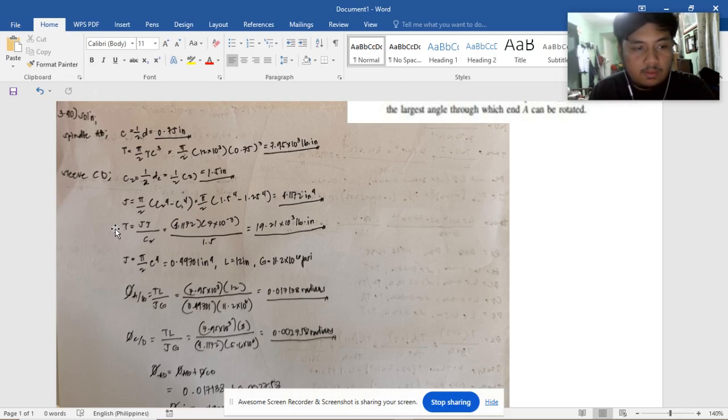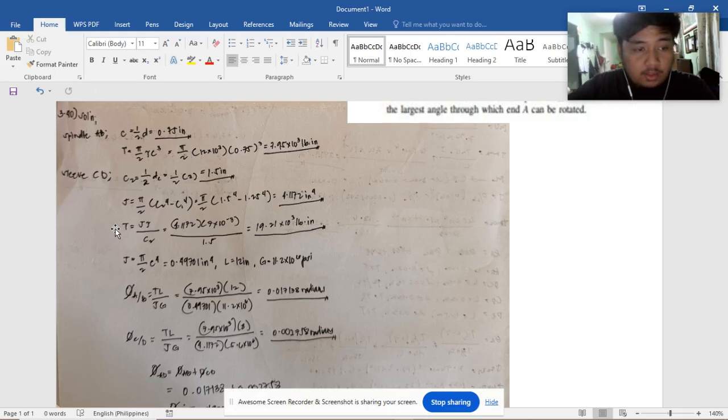Again, T is equal to Jτ over c2, equal to 4.1172 times 7 times 10 to the power of 3 over 1.5, and you'll have the answer 12.71 times 10 to the power of 3 pound-inches.